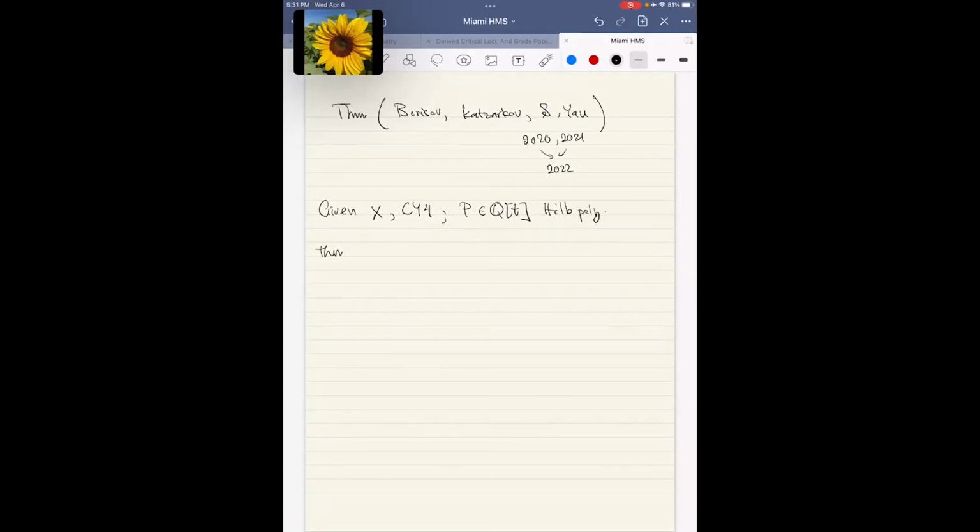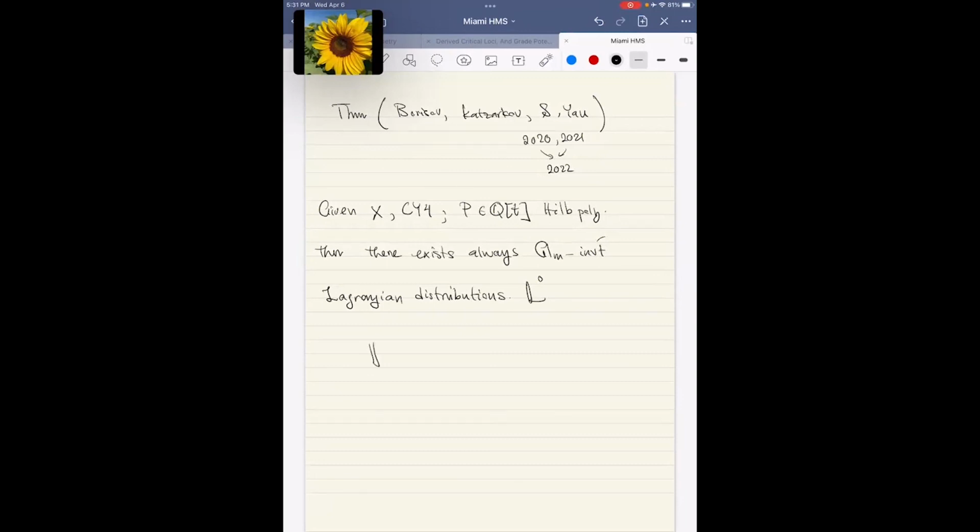Then there always exist GL_M invariant Lagrangian distributions. Now I need to tell you on what. So let's call these Lagrangian distributions L dot.